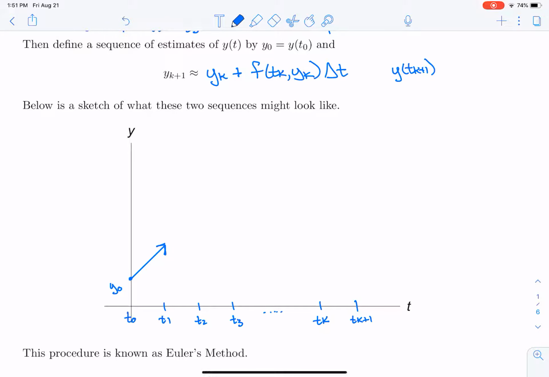So I'll evaluate what the slope is. In this case, the slope is f of t0, y0. And I'll follow that slope until I get a new point. We'll call that new point y1. So this point right here is, we'll call it t1, y1.